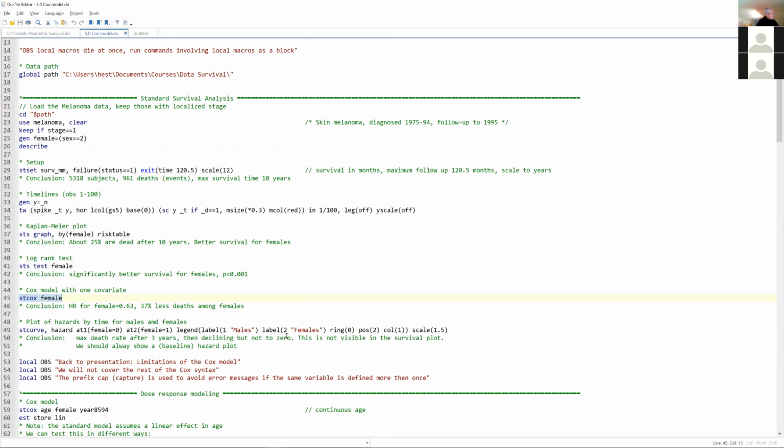Like I said, we could also do plots or predictions from this model. So if I use stcurve, I can predict from the model, and I'd like to predict hazards. I'd like to compare female equal to 0, the males, with the females. So I'm using at1 and at2 to do that, and then I'm adding on some labels here.